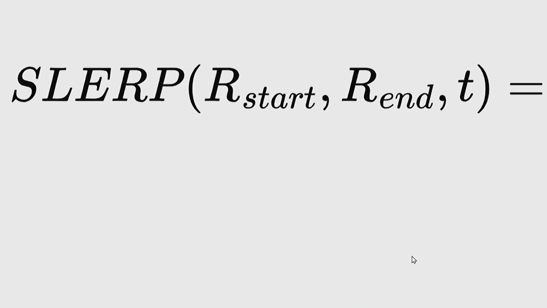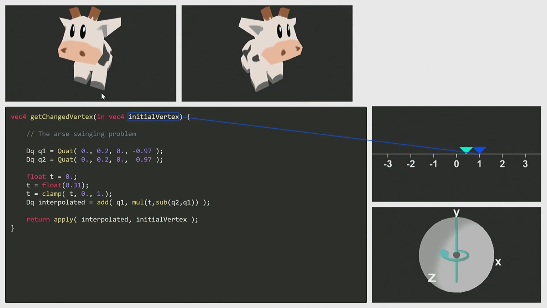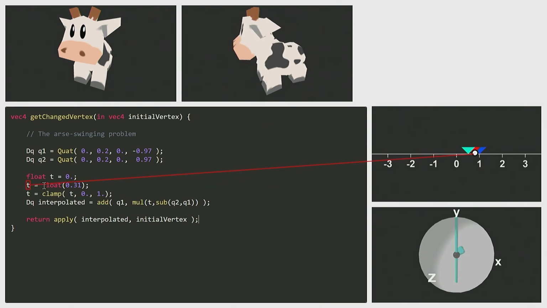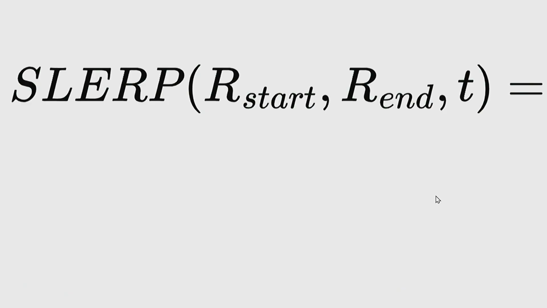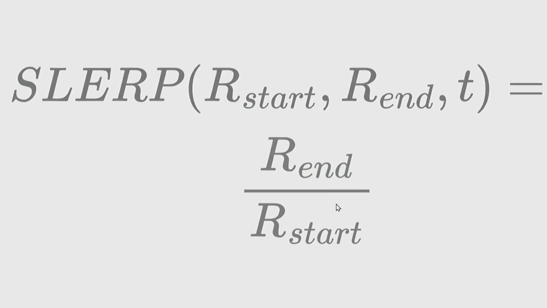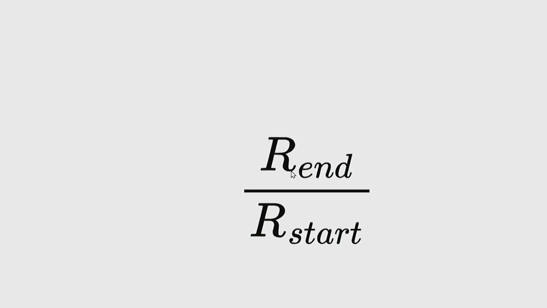Okay. So we want to make this thing that's called slurp. Slurp is the thing that's going to allow us to smoothly interpolate our cow from one to the other while not having this thing where it swings past us super fast. Slurp looks like this. You start by saying the ending thing that you want divided by the starting thing that you want, which will get you the rotation from where the start takes you to where the end takes you.